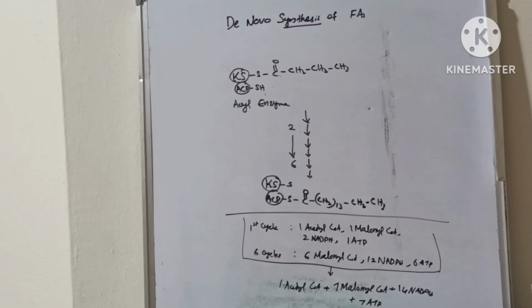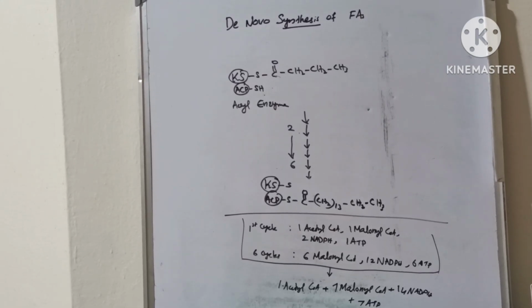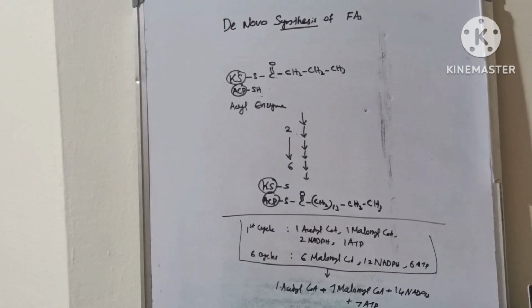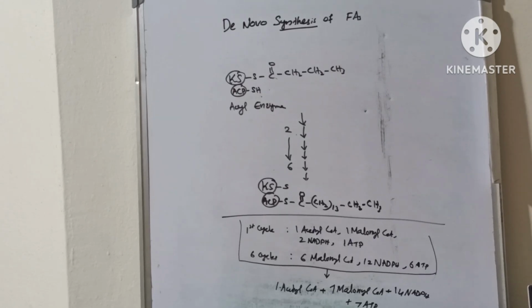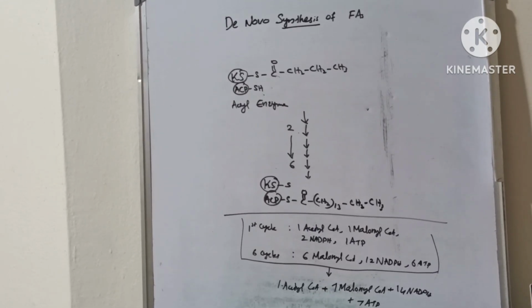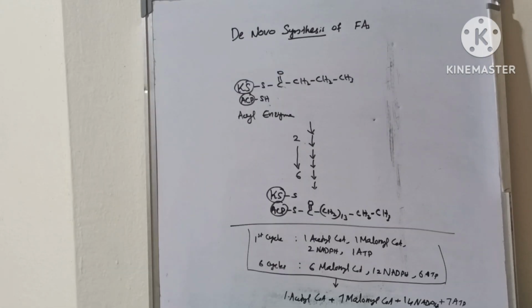So after the reactions of step 2 to 6 in fatty acid synthase complex, in the first cycle 1 acetyl-CoA, 1 malonyl-CoA, 2 NADPH and 1 ATP are required. And for 6 cycles from 2 to 6, 6 malonyl-CoA, 12 NADPH and 6 ATP are required. So in total, the requirements of 1 palmitic acid synthesis are 1 acetyl-CoA, 7 malonyl-CoA, 14 NADPH and 7 ATP.